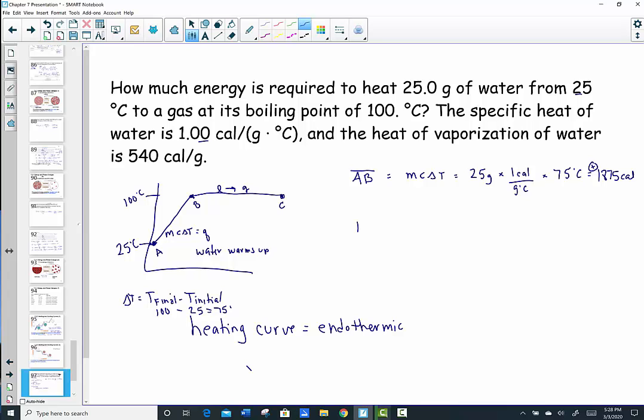Now what's happening on line segment B to C? Right, so here we were warming. Here is a process called evaporation, right? Going from liquid to gas. It's a phase change. So here we're going to use the heat of vaporization given to us as 540 calories per gram. So let's take our mass times the heat of vaporization.